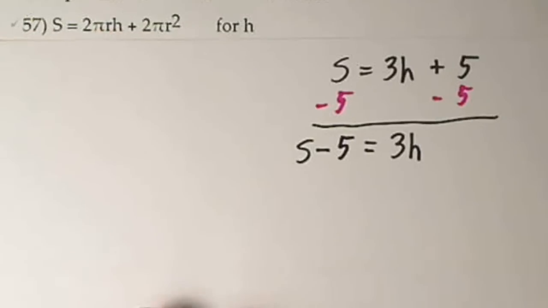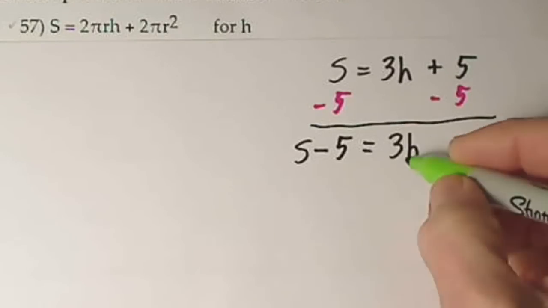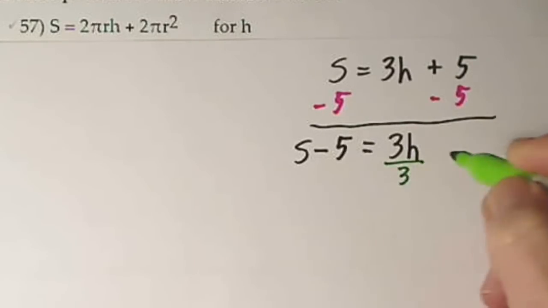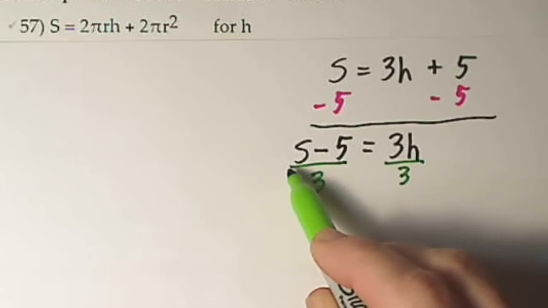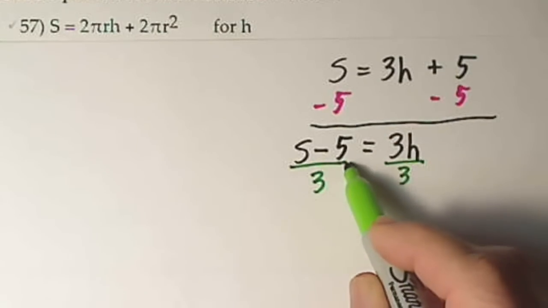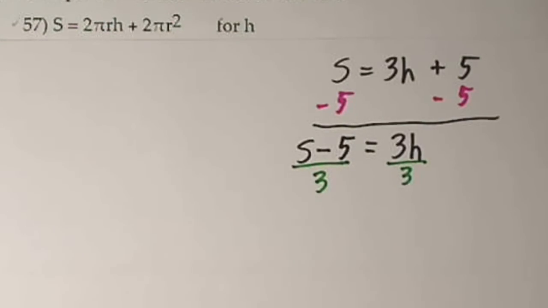S minus 5. And now I need to get rid of the 3. It's held there by multiplication, so the opposite operation is division. By the way, notice this line goes all the way under the other side of the equation. If you multiply or divide, you have to multiply or divide everything on each side.